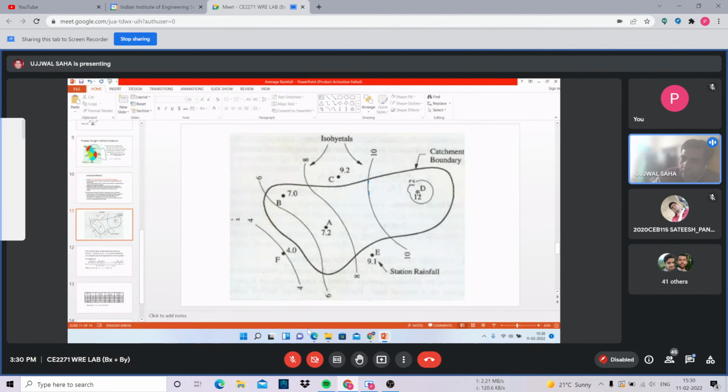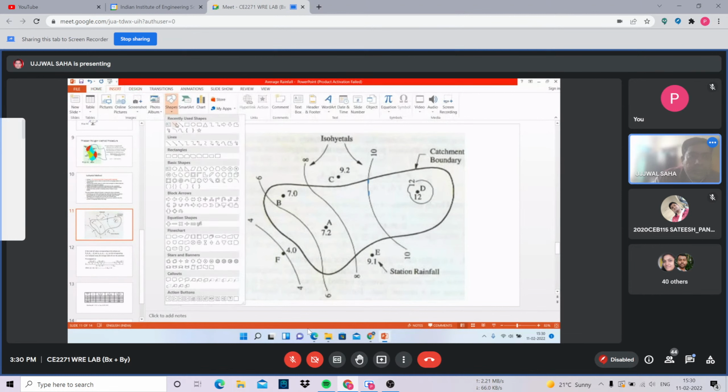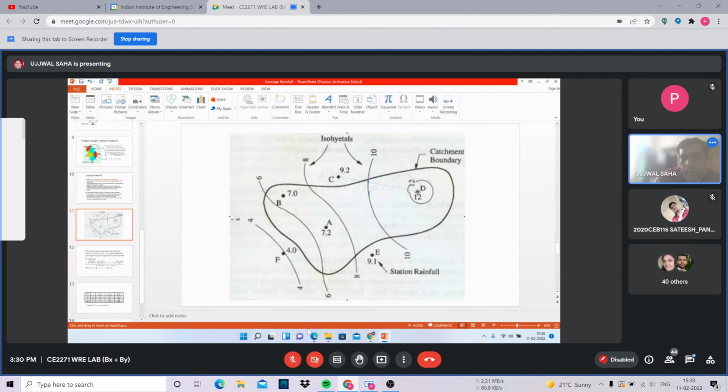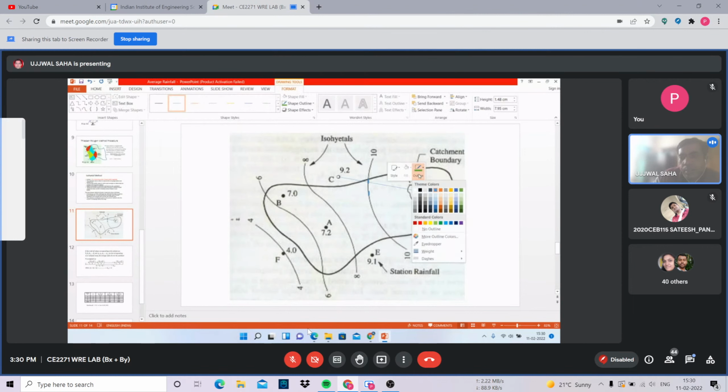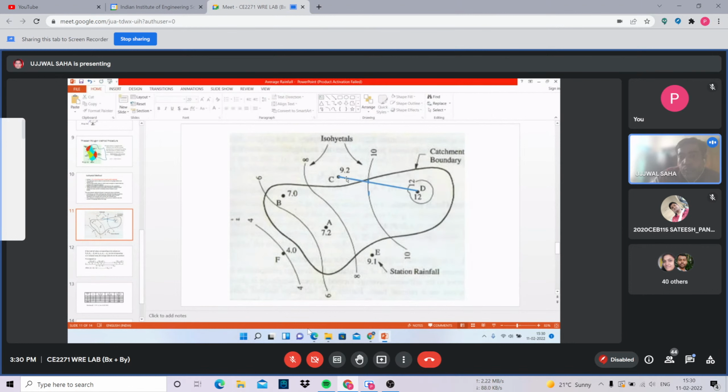So point D's rainfall is 12. As we move toward point C, rainfall will reduce from 12 to 11, 10, then at point C it will be 9.2. So if we join these 2 stations C and D, along this line rainfall is varying from 12 to 9.2.